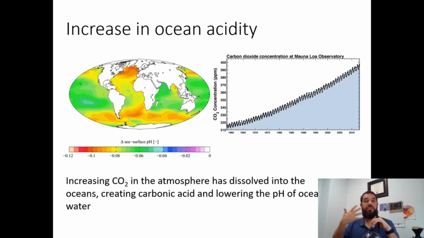Nevertheless, with CO2 levels slowly creeping up, we do get changes in ocean surface acidity. These are changes in pH that we've seen over time, and you can see they're not big changes, right? You're talking about changes ranging from 0 to about 0.1. So they're not huge changes to the pH, but they do have effects.